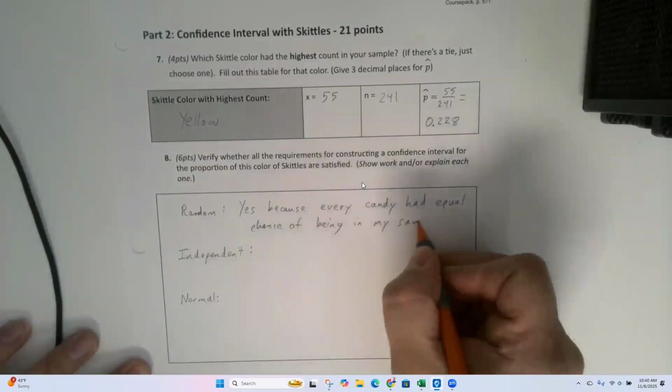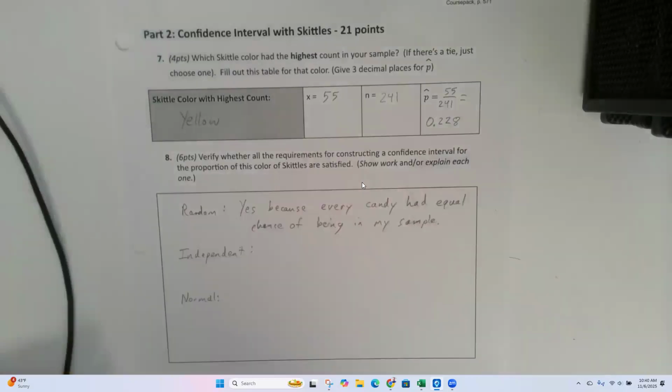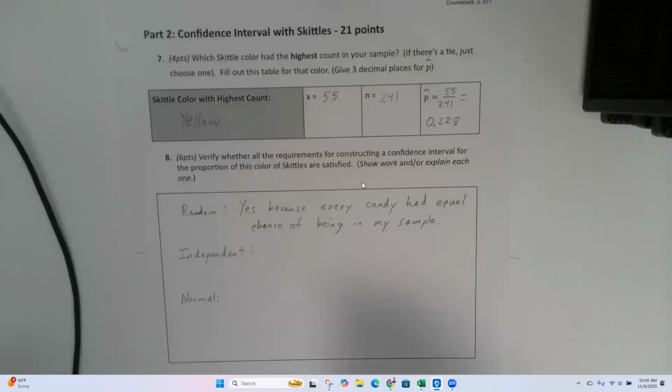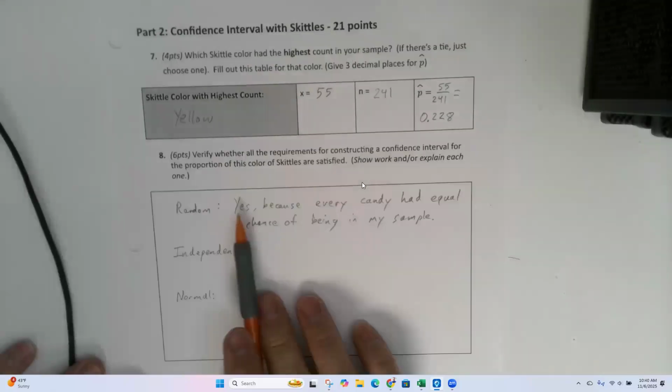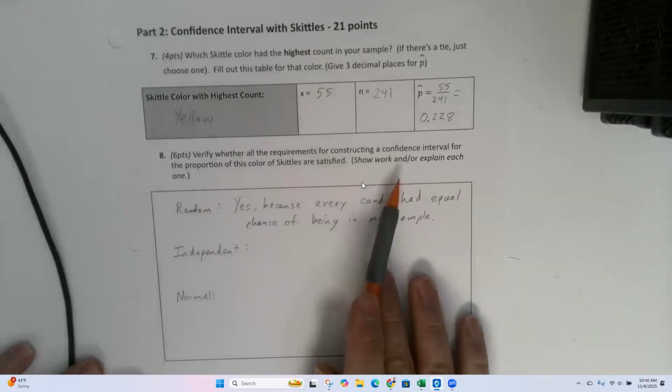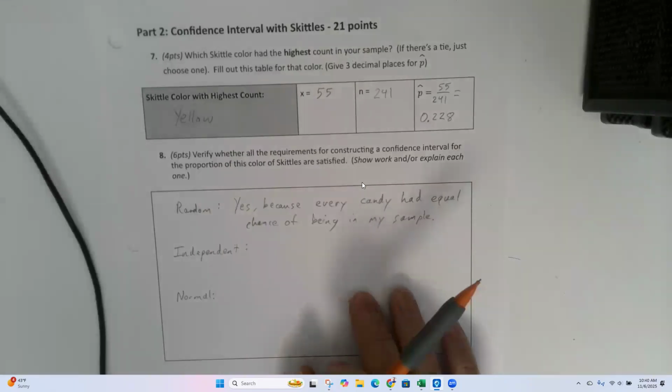In this case, my sample was my bag of candies I bought. So we can't say yes given, because it's not given that it's truly random, but this is good enough.